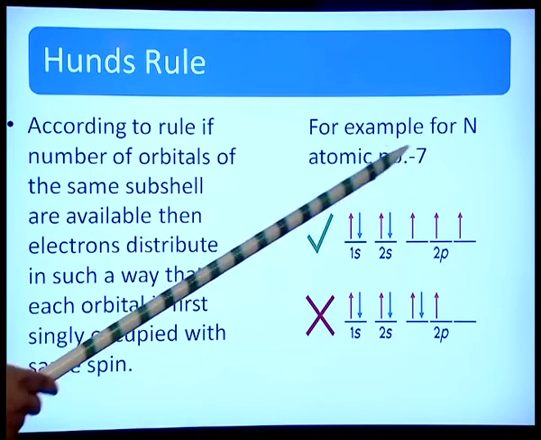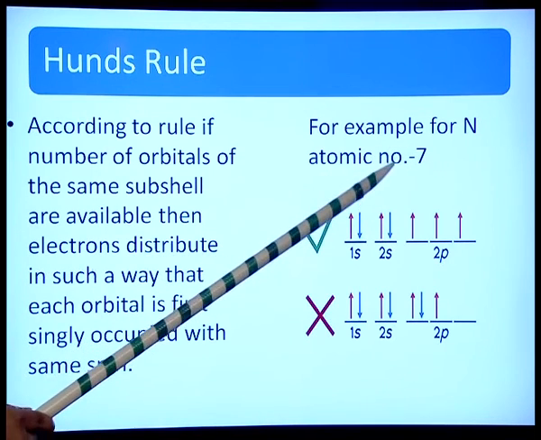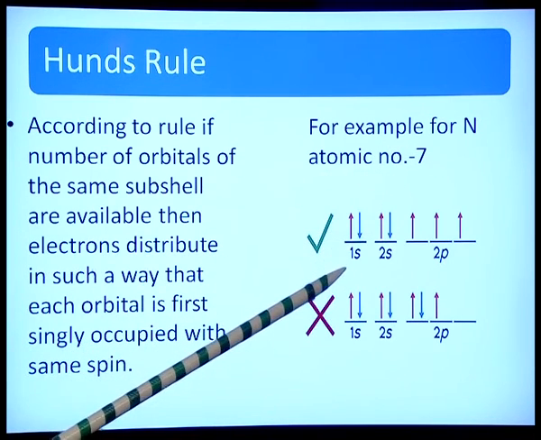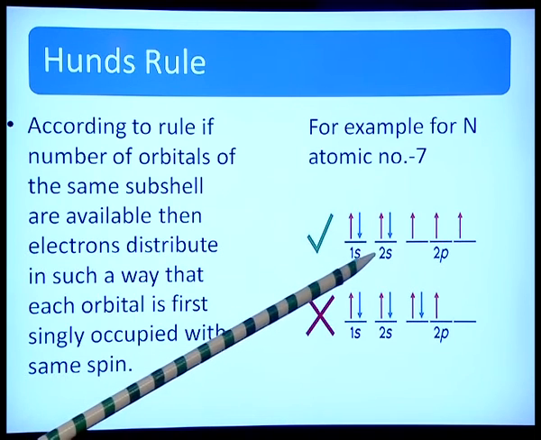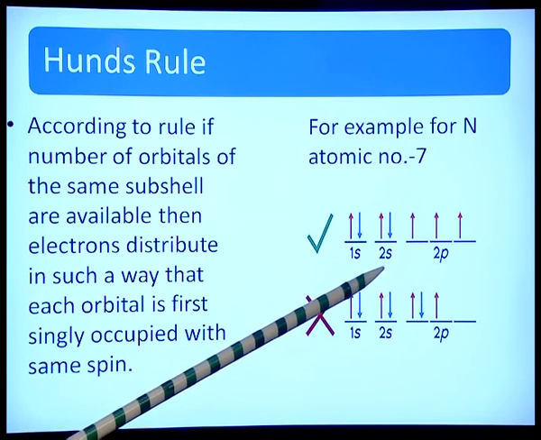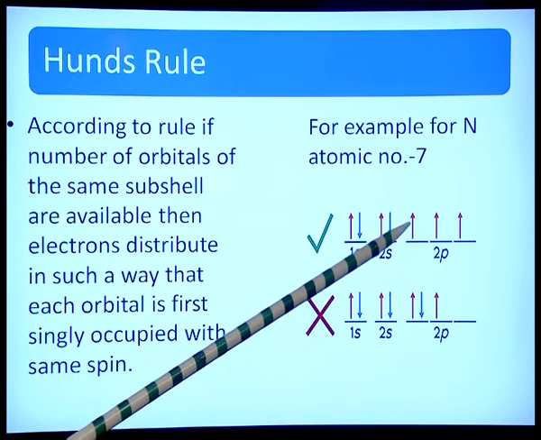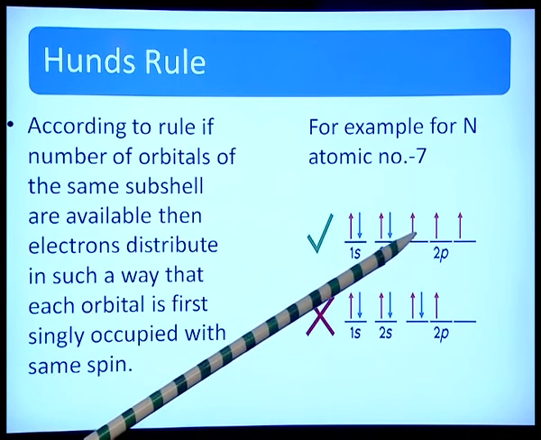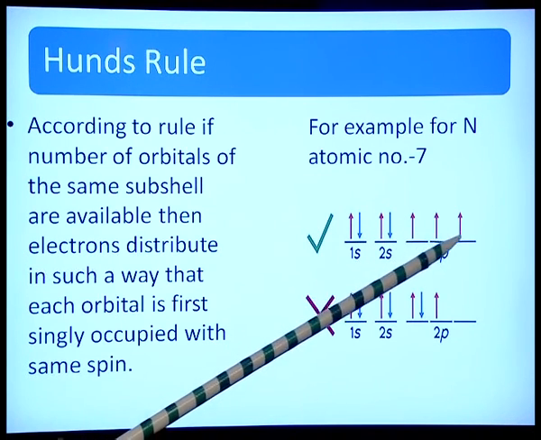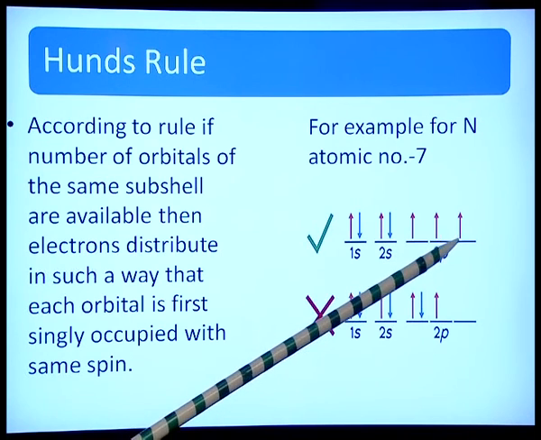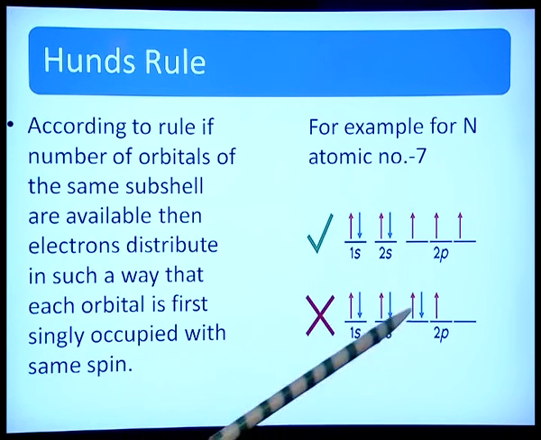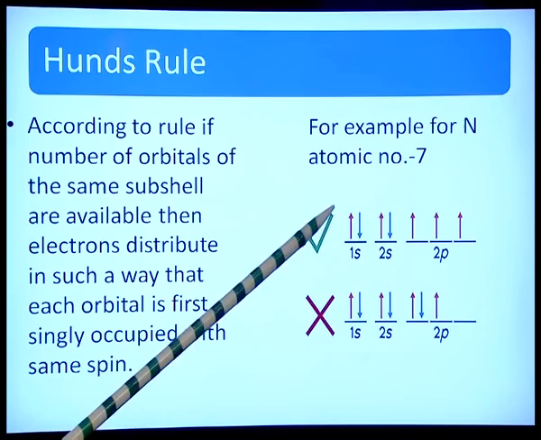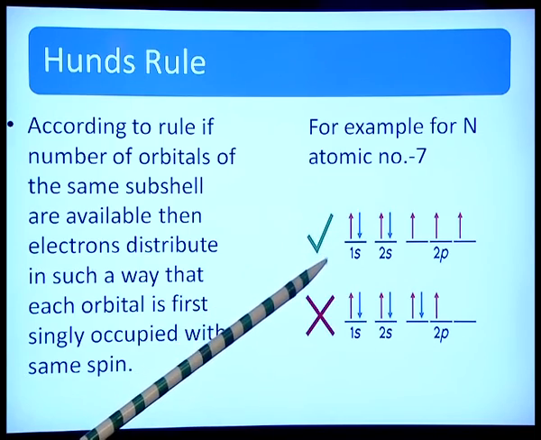For example, for the nitrogen atom, the atomic number is 7. First the 1s orbital is filled, then the 2s orbital is filled, and 2p is filled in such a way that each orbital is singly occupied, not like this. This is a wrong configuration, this is a correct configuration.